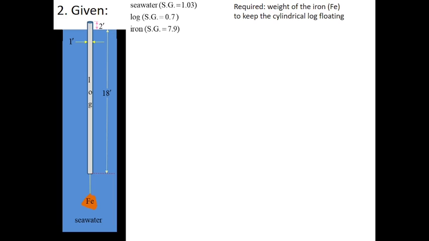So number 2. Given this problem, we have here a floating system. The system comprises a log and an iron. So there is iron here, there is log, and we consider it as a system.